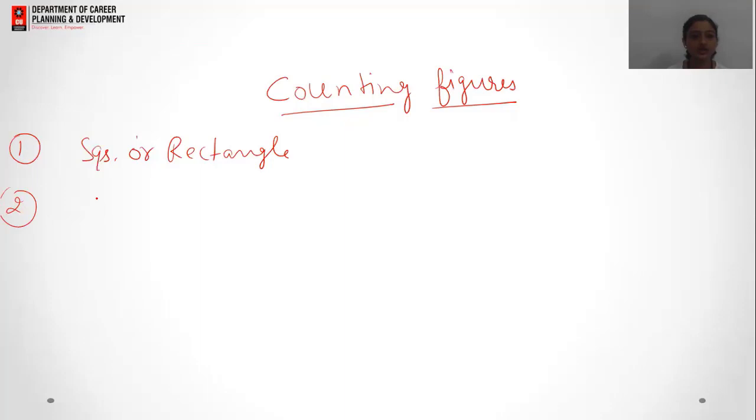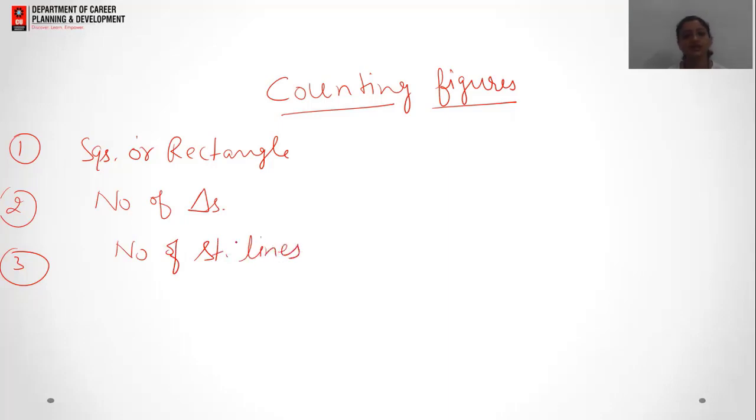Second one is to count the number of triangles. And third one is the number of straight lines. So first of all, we will see how we can find out the number of squares or rectangles in the given figure.